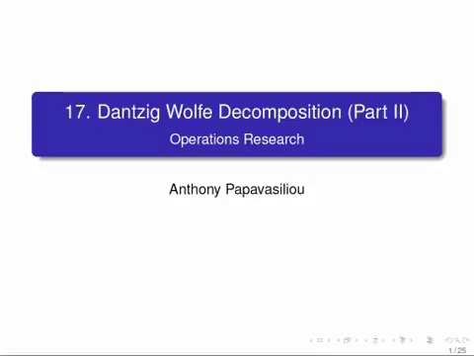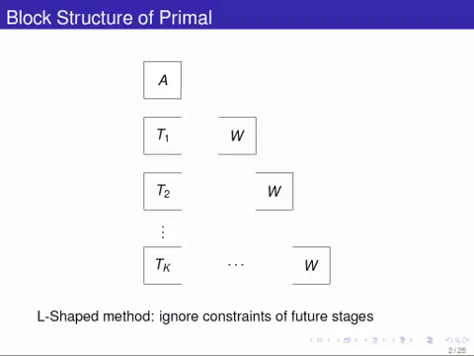Again, the idea of the class is you get a toolbox and you can apply it to stochastic programming, which is the context of the class, but you can go beyond that and apply it to general optimization problems. This is a couple of slides that I mentioned also in the last class. When you see an LP that looks like this, you're in good shape for the L-shaped method, also known as applying Benders' decomposition.